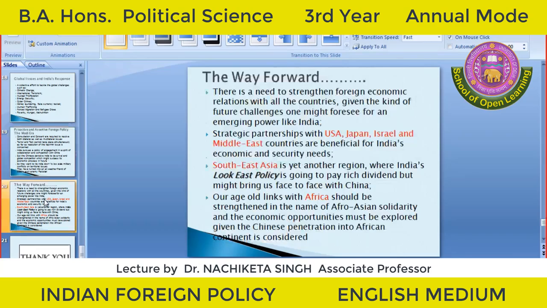India has not done any such thing. So that's a very good thing India has opted to do at this moment.